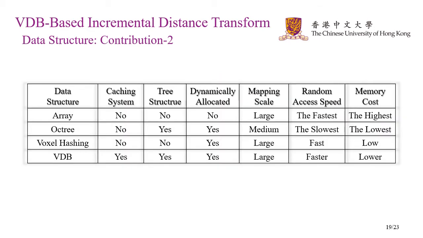Here, we list a comparison between different data structures. Voxel hashing is currently the most popular technique for large-scale mapping problem, but we can see that the introduced VDB data structure provides an even more promising solution. This is also the first work that proposes to adopt VDB as a fundamental data structure for online mapping framework.